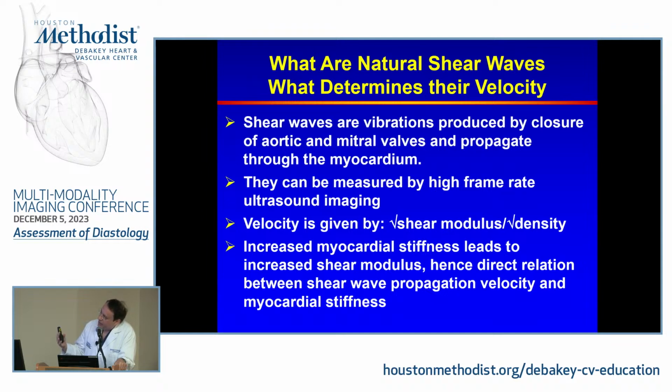They propagate through the myocardium. To measure them, you need very high frame rate imaging. Because the velocity is related to the square root of the shear modulus divided by the square root of the density, and because the shear modulus is determined by stiffness, when you see a high velocity, it signifies high myocardial stiffness.